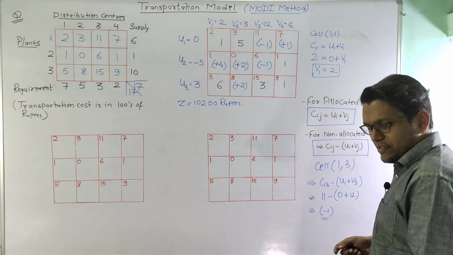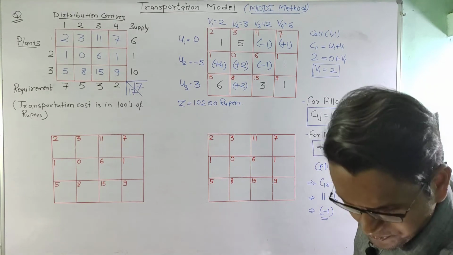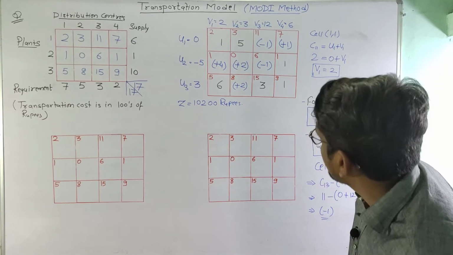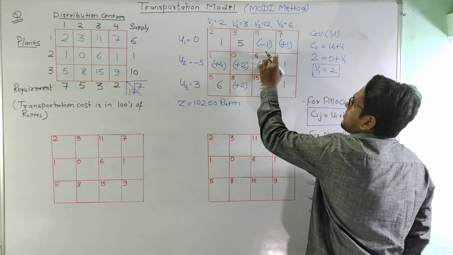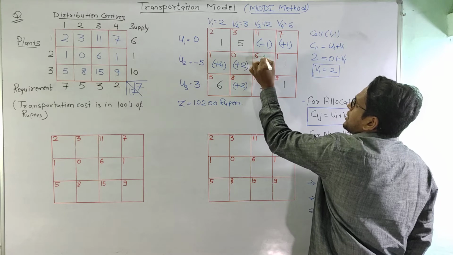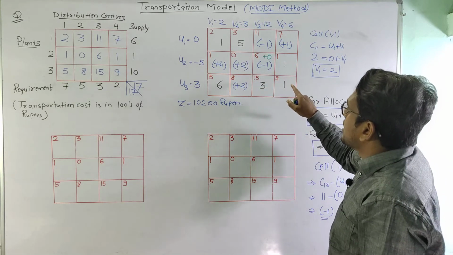So let us see. Suppose I select this particular cell, and I will allocate plus theta units here.